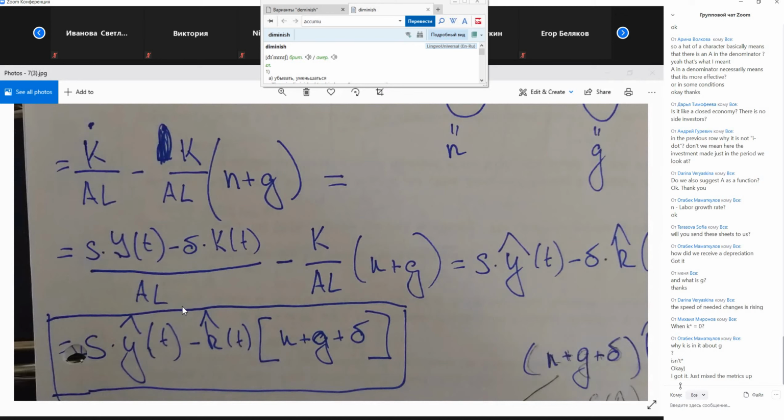So technology grows slower now compared to the past. If we look at this fundamental equation, we can see that these are two separate lines. This line is a curve because we know that alpha is the function of k hat.